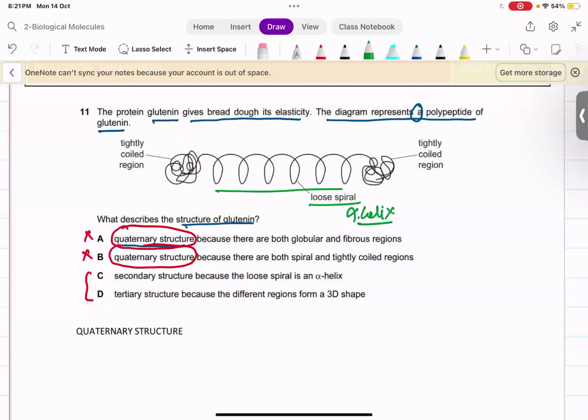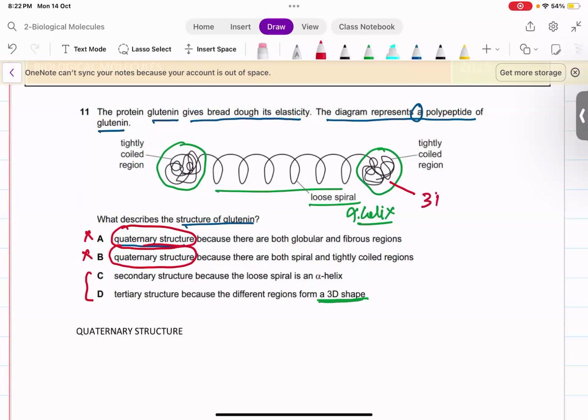Then the D choice is the tertiary structure, because the different regions form a 3D shape. Yes, there is tight coiling at these two regions, and as a consequence of this tight coiling, this part of the polypeptide has been turned into a globular shape. Ends of it are turned into a little globular shape, which is a 3D shape.